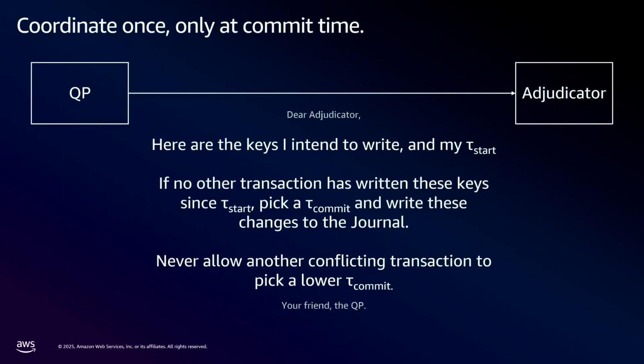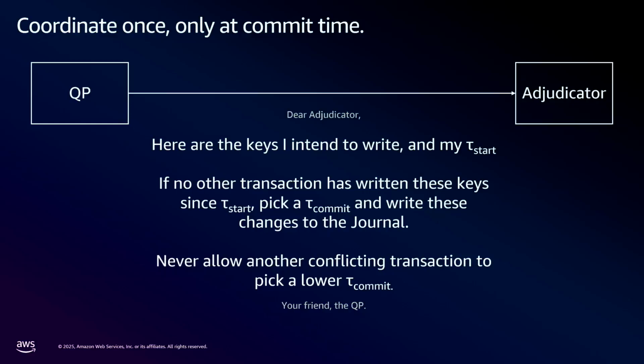QP and adjudicator, they are friends. They do not talk often, but if they have to talk, this is how the conversation will go. QP will say to the adjudicator, my dear friend adjudicator, these are the keys I intend to write, and here is my T-start time.